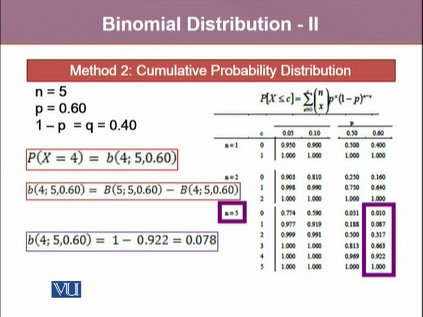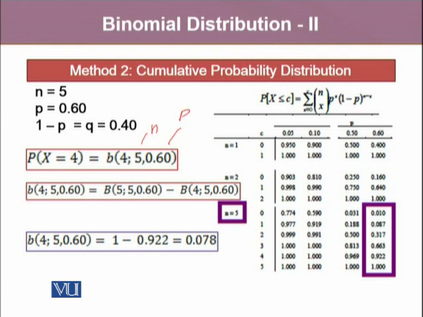So in our example, n equals 5, p equals 0.60, and 1 minus p, which is q, equals 0.40. If we want to find out the probability of 4 successes, it could be written as small b(4, 5, 0.60). Here 5 denotes the number of trials, and 0.60 denotes the probability of success.